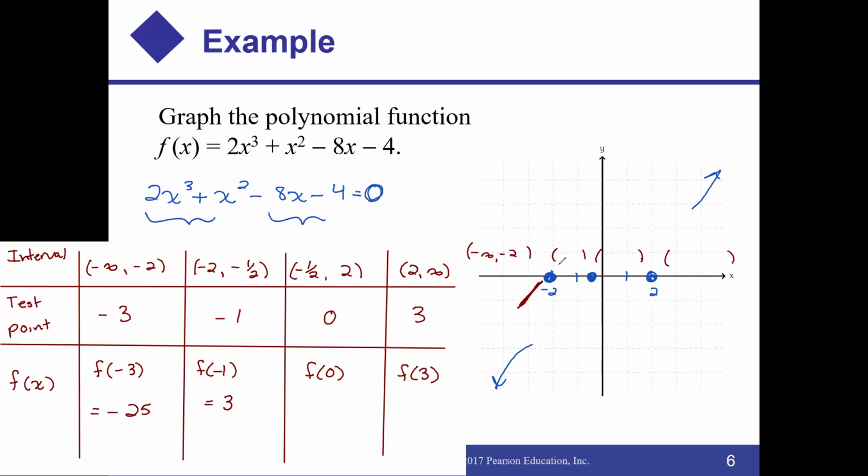That's positive, telling me I have to be up here now. Then for the next interval, if I test 0, that's going to equal negative 4, telling me once again I'm down here. And for my last one, we're going to try 3. So f of 3 is 35.